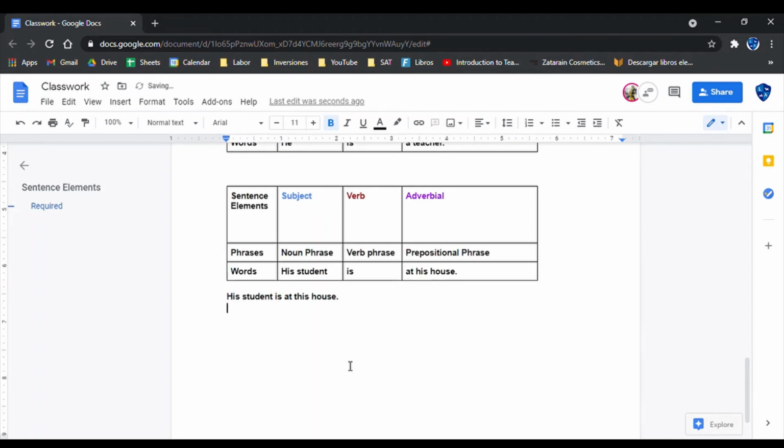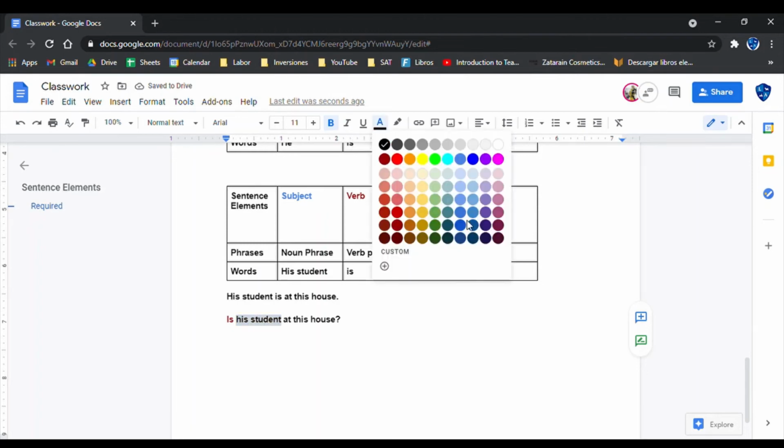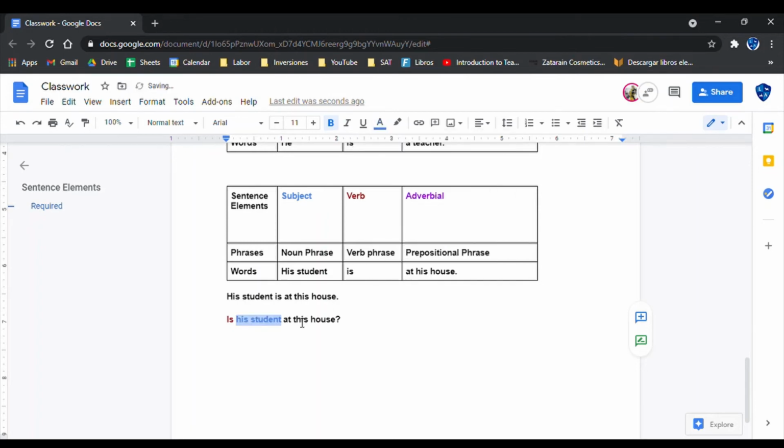So Ralph, if we change the order, if we put the verb first, we create the question. So the order is actually very important in English. The only one that can move around very freely is the adverbial.